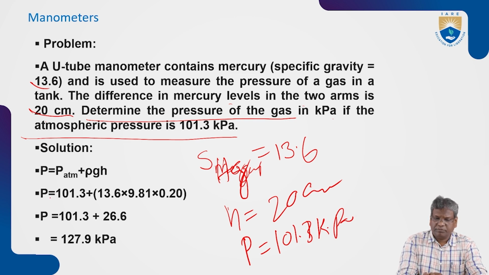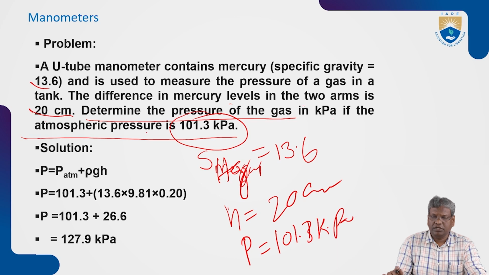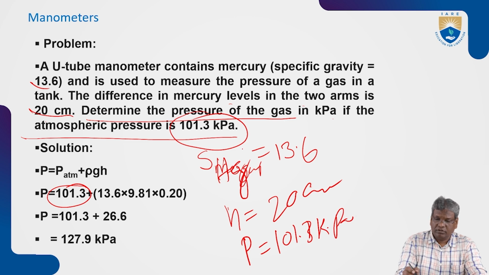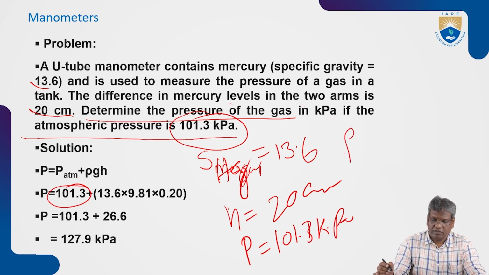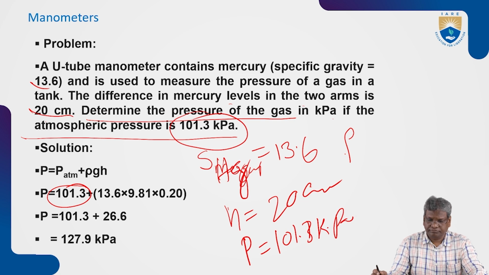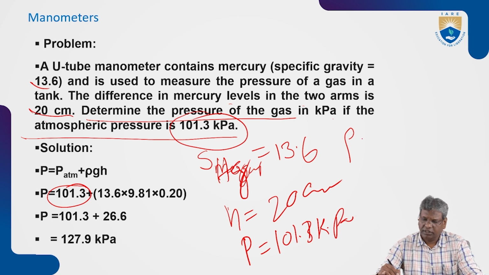So atmospheric pressure was given as 101.3 kilopascals. Then what is rho g h? Rho of mercury can be written as specific gravity into the density of water, 1000.